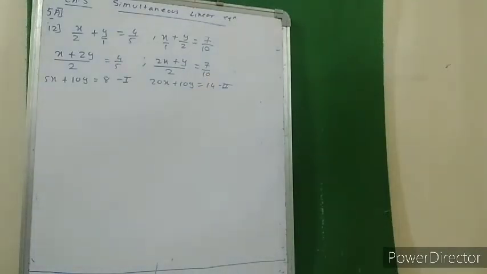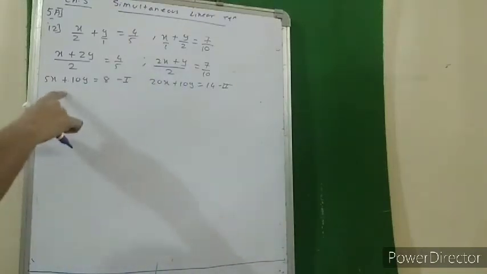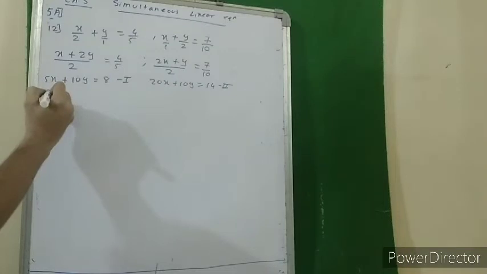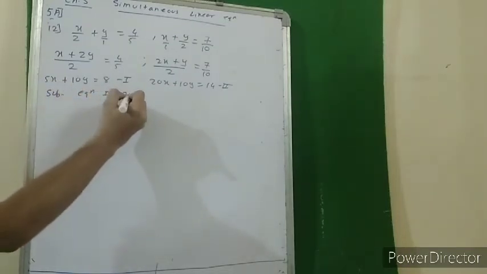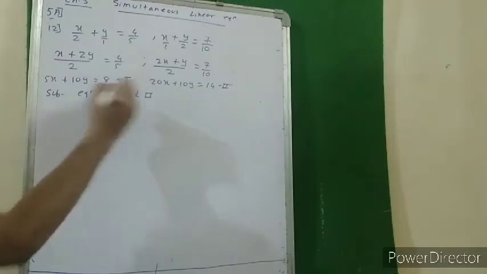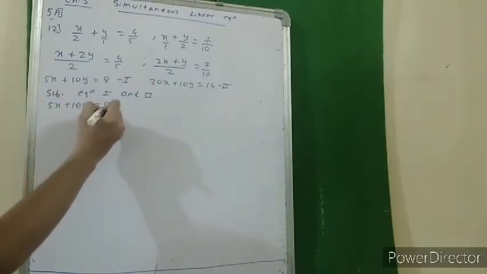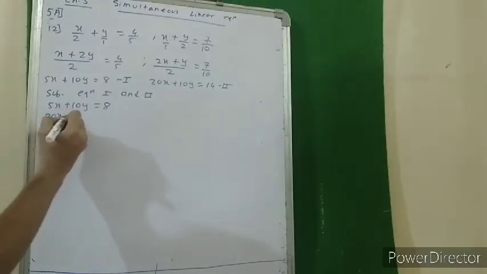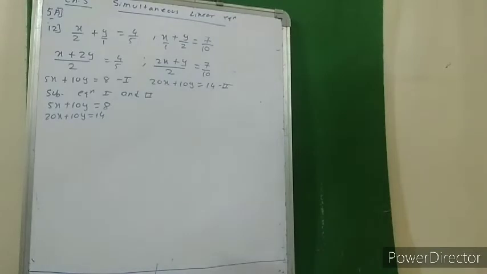Okay, one good thing over here is that we have 10y with a plus sign in both. So the signs are the same, so subtract equation 2 from 1. We have 5x plus 10y is equal to 8, and 20x plus 10y is equal to 14.